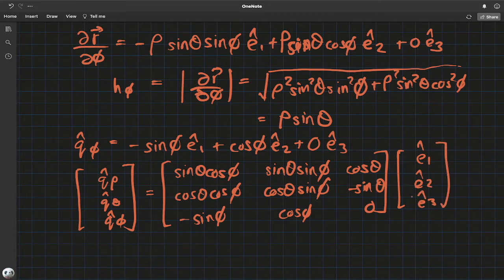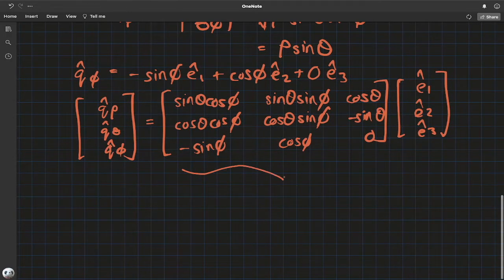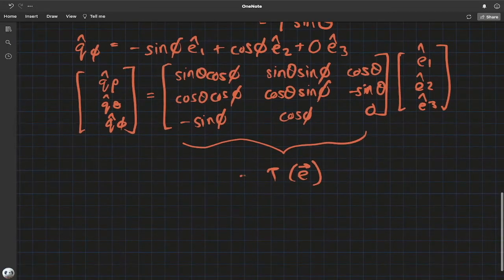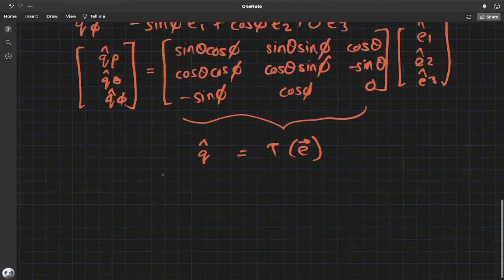So this, calling this matrix T, is the function that helps us change the basis, the Cartesian basis, to a spherical basis in this case.